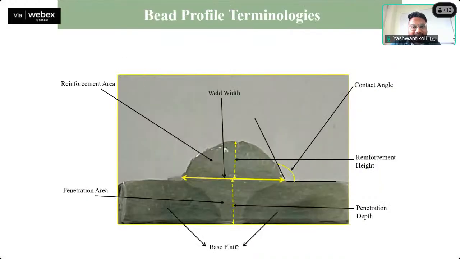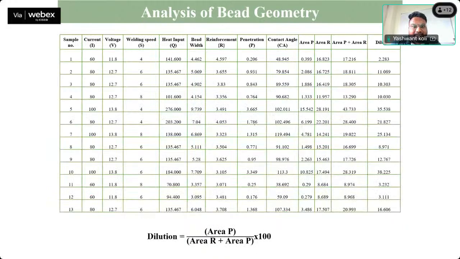So these are the basic bead terminologies: reinforcement area, weld width, contact angle, height, depth, penetration area, and the base plate, the substrate plate. After getting all the inputs, that is bead width, reinforcement, penetration, contact angle, and dilution, we can put all the values in, and the software will optimize them.